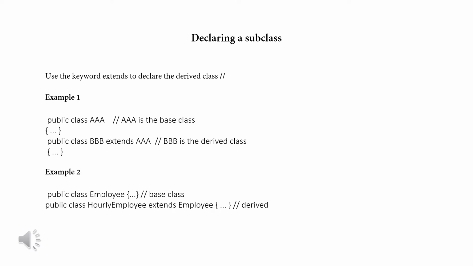So in the definition of this class, we need to write public class hourly employee extends employee. By defining hourly employee in this way, we are saying that hourly employee is a class that is going to inherit variables, data, and methods from the class named employee.